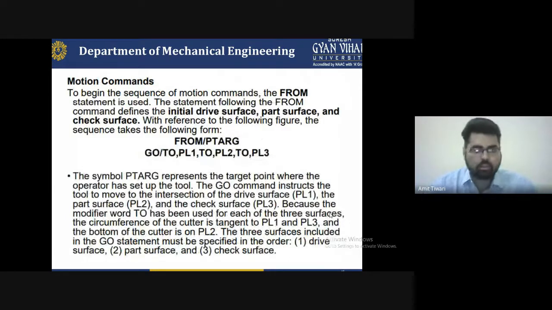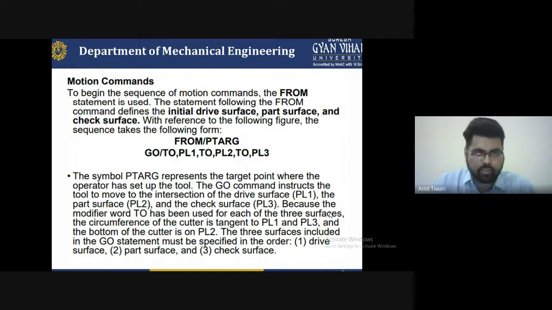Motion code means that to begin the sequence of motion commands, the FROM statement is used. The statement following the FROM command defines the initial drive surface, part surface, and check surface.